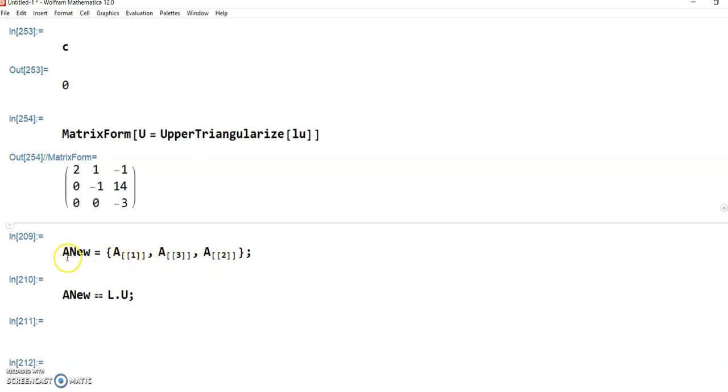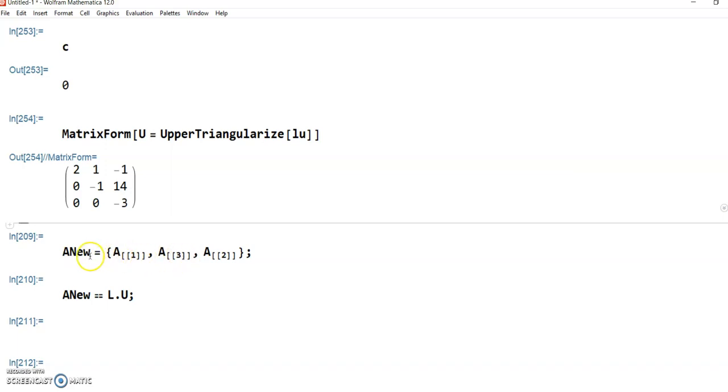So this new matrix has been defined something like this. These are some placeholders for the permutations of the rows. For example, A1, A3, and A2 within these square brackets show the rows of A.